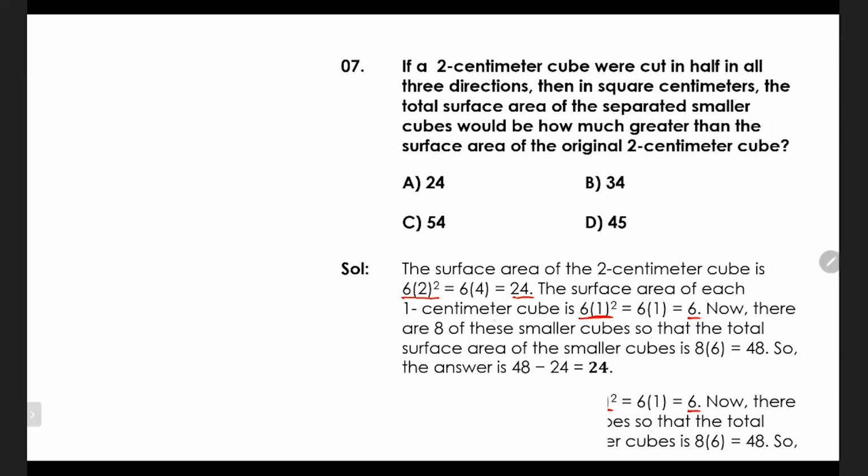So total area of small cubes is 8 into 6, 48. Therefore, the difference between the smaller cubes' total surface area and the bigger cube's surface area is 48 minus 24, which is 24, which is option 1. Please note it fast, quick.